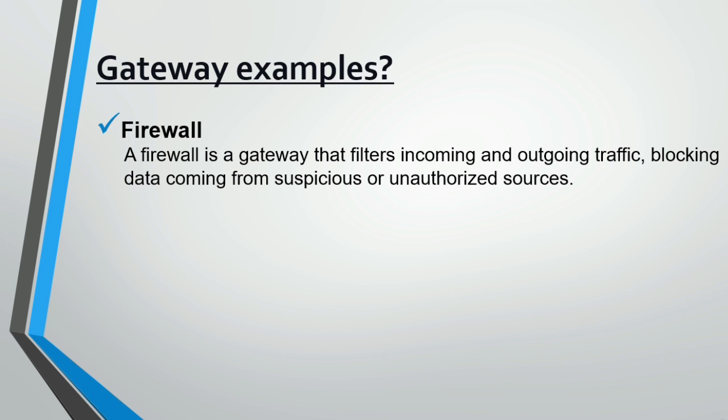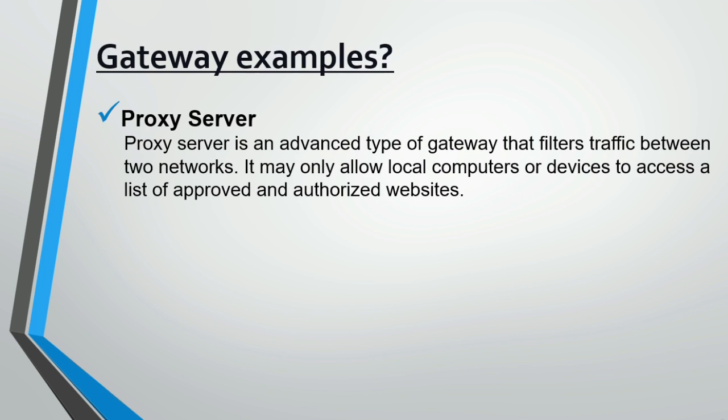A firewall is a gateway that filters incoming and outgoing traffic, blocking data coming from suspicious or unauthorized sources. Proxy server. A proxy server is an advanced type of gateway that filters traffic between two networks. It may only allow local computers or devices to access a list of approved and authorized websites.